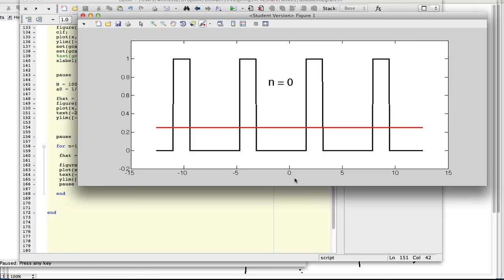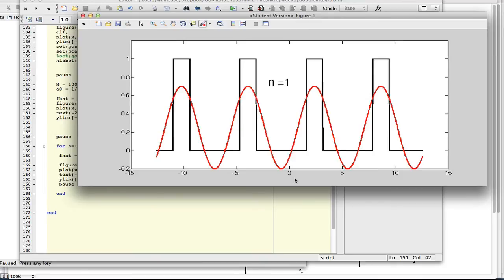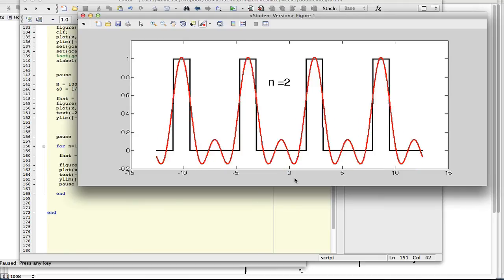And now I'm going to go to n equals 1. I'm going to include one more term in my series, the n equals 1 term. So you see we're getting a better approximation, but still pretty bad. Now we'll do another one. You see with the Fourier series, these orthogonal projections, as we include more terms, we're getting a better approximation.